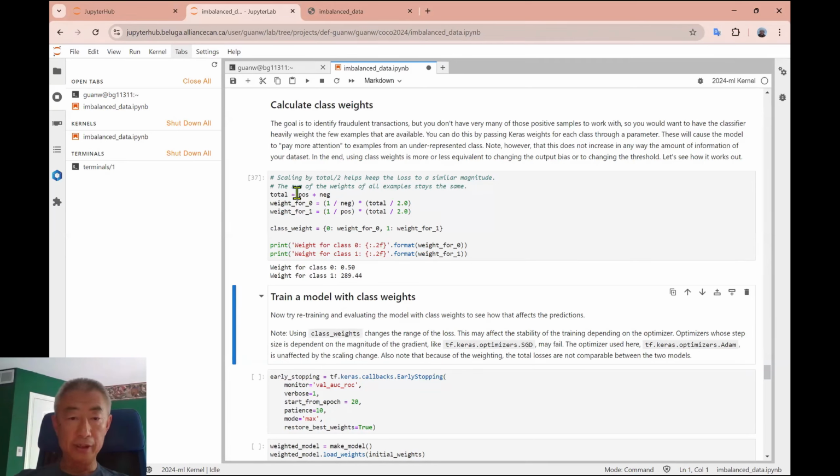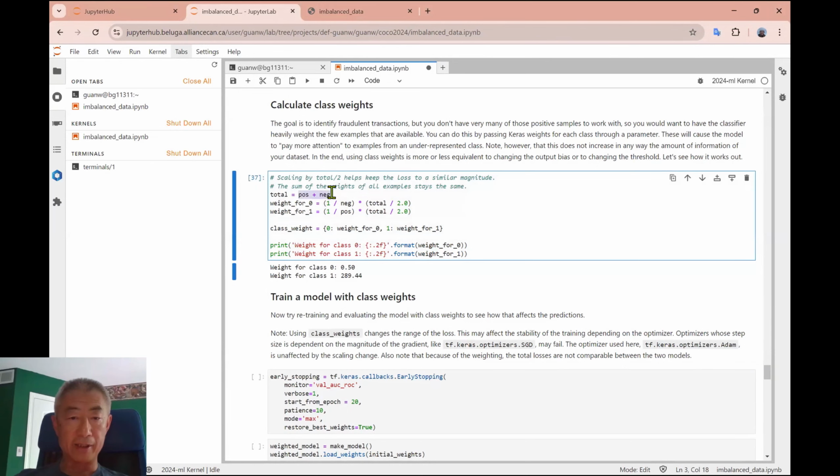So what we do is we first calculate the total number of samples, and then I calculate the weights that I'm going to apply for the negative sample by using this formula. So the sum of the contribution from the negative samples should be equal to the sum of the contribution from the positive samples based on the weights.